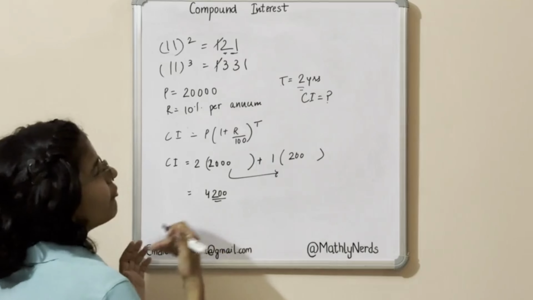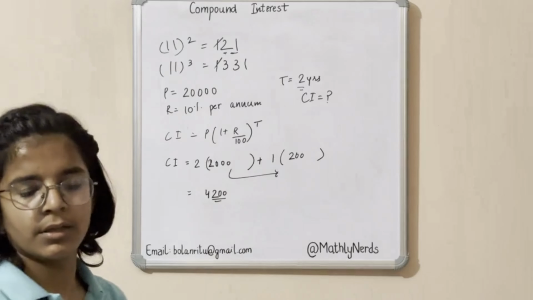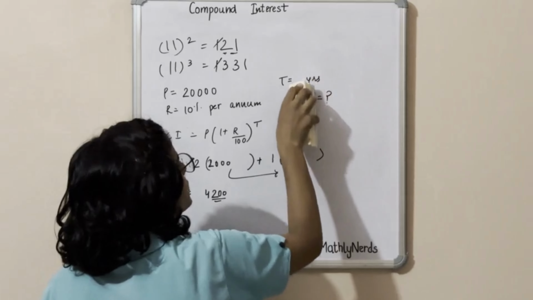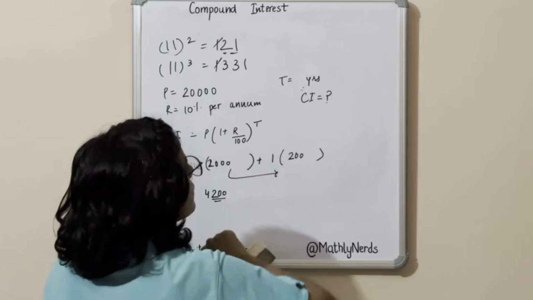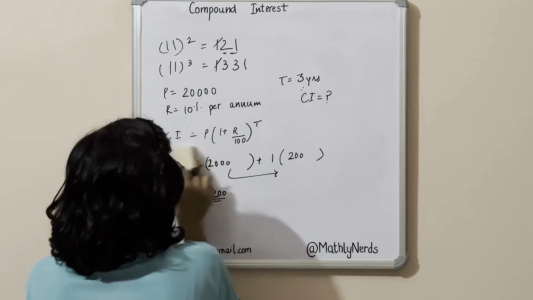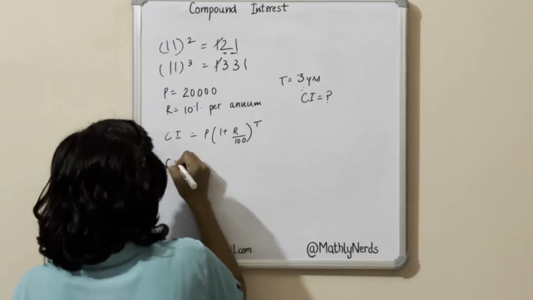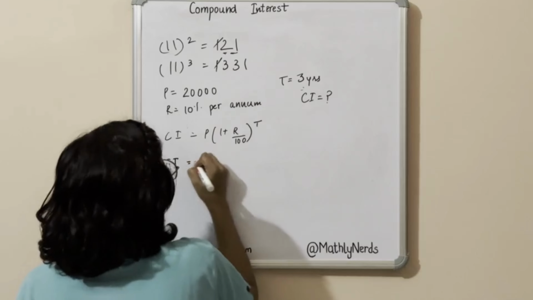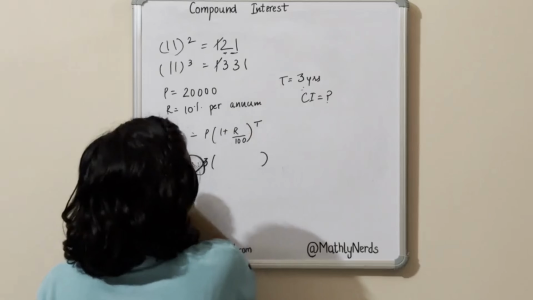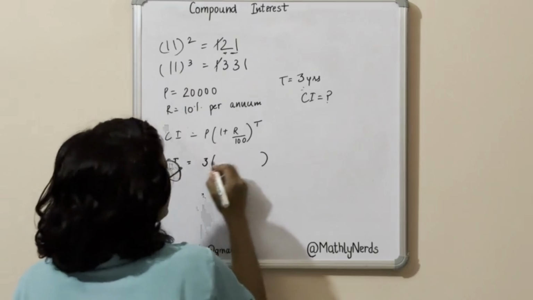So now we will solve again for 3 years. I will use this statement again and just change the time span. So our CI will be 3 times simple interest for the first year, that is 10%. What is 10% of 20,000?